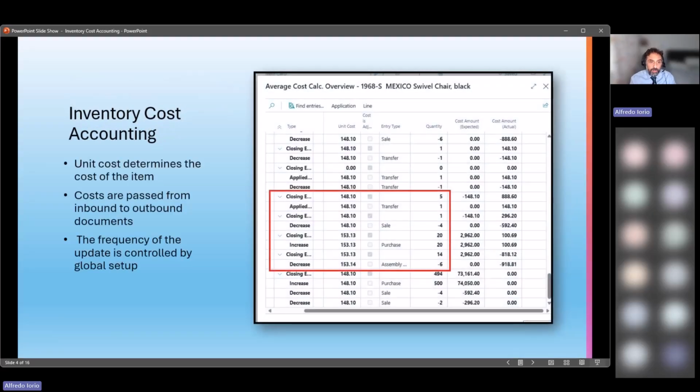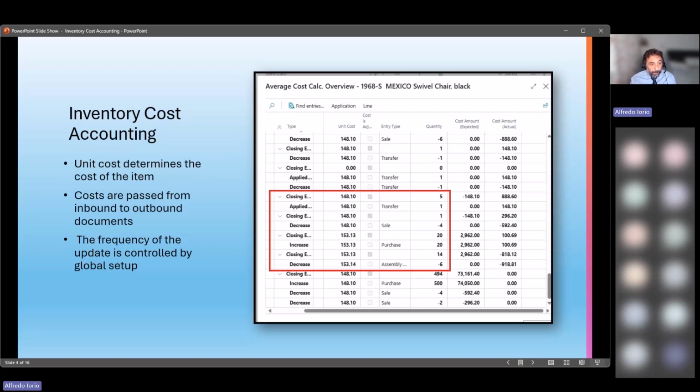So what are the characteristics of inventory cost accounting in Business Central, but also overall? The unit cost in Business Central determines the cost of the item. It's unit cost, and it's always in the local currency, regardless of the currency in which you transact the item.